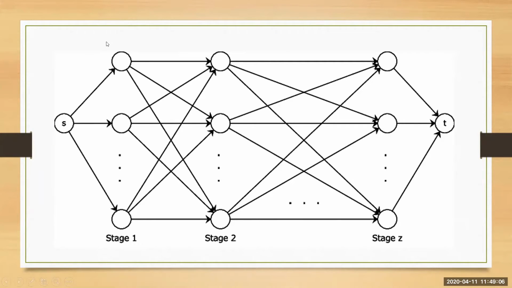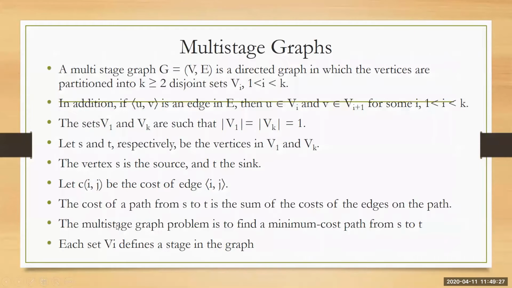Stage 1 consists of these 3 vertices, stage 2 consists of these 3 vertices, and so on. Likewise, multi-stage graphs will have different stages, and each vertex will be a part of one of the stages. That is what is called a multi-stage graph.